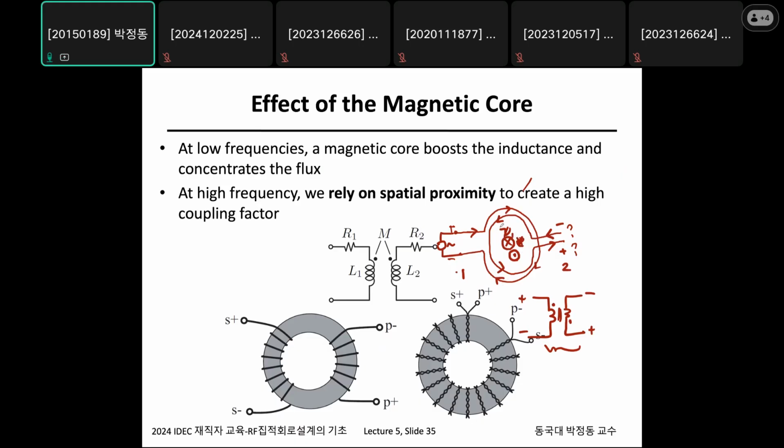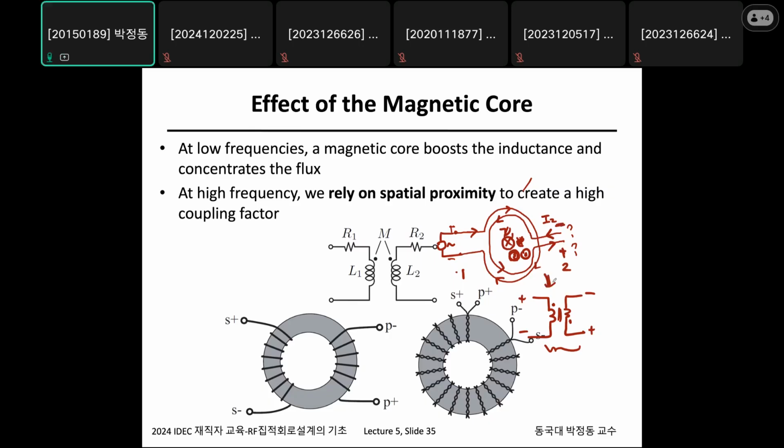So to avoid this flux 1, 2, the induced magnetic flux will be in this direction. In order for this direction to be generated, the direction of the current on the second winding line is like this, which means positive is here, negative is here. Then it is looking like this.